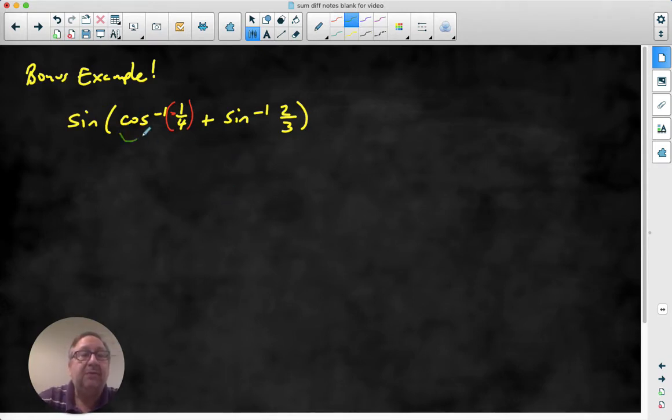Remember, inverse trig just gives us angles. So this whole angle here, we could call it, say, alpha. This whole angle called inverse sine of 2/3, it's an angle. Let's call it beta. I'm going to go one step further. The inverse sine of a positive number is a quadrant 1 angle.